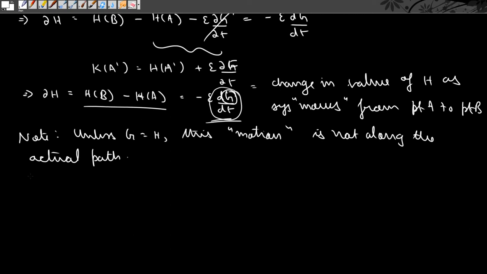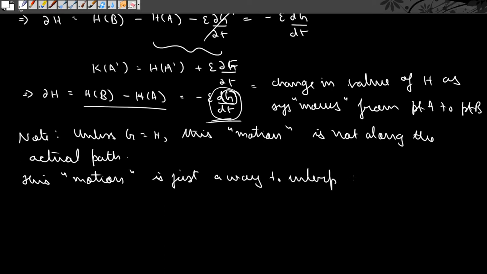So this motion is just a way to interpret this canonical transformation. So this interpretation is according to the active interpretation.